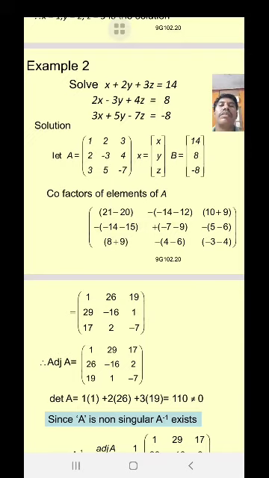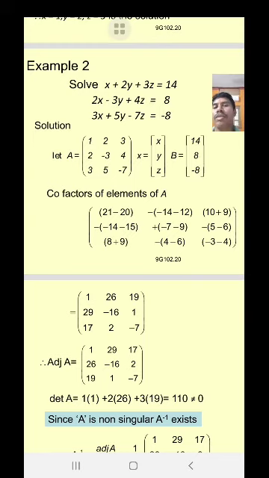Cofactors of elements of A, that is, first one is positive, and I already explained how to find the cofactors of the elements. So sign into its minor, simply we can say.